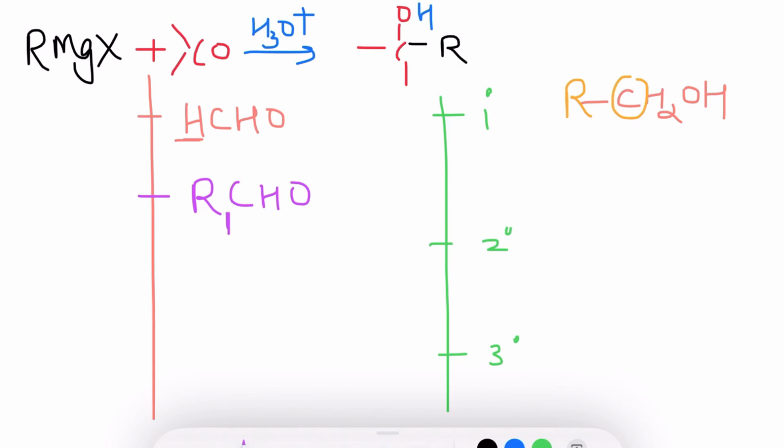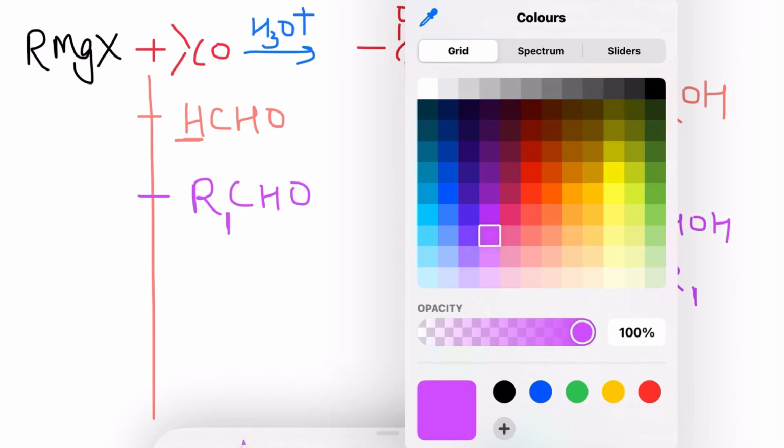So in this case the resulting alcohol formed will be a secondary alcohol because the carbonyl carbon is surrounded by two alkyls: R comes from Grignard and R1 comes from the aldehyde part. So higher aldehydes produce secondary alcohol, whereas the simplest aldehyde methanal gives primary alcohol as a major product.